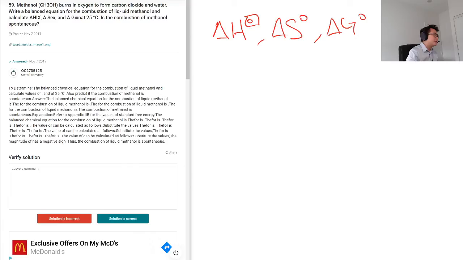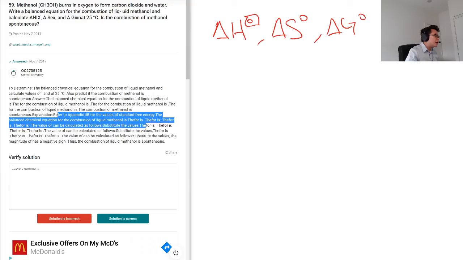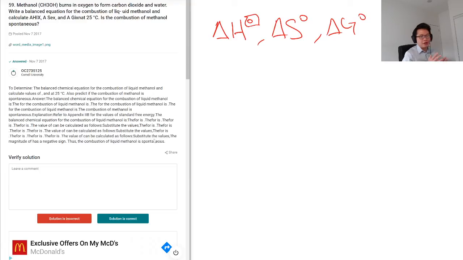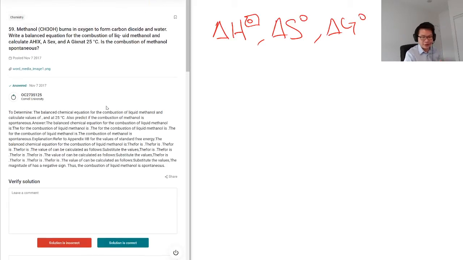Obviously our solution is missing the chemical equation, and also missing a lot of important information. But again, let's complete this solution.